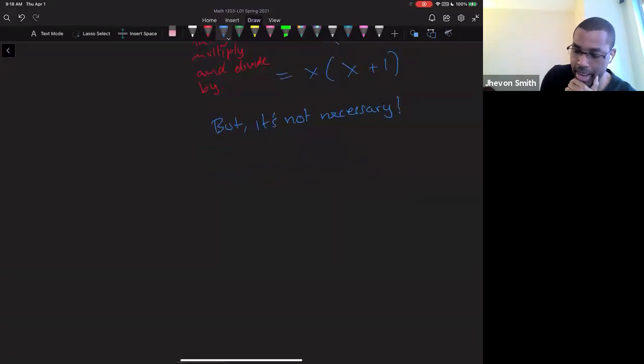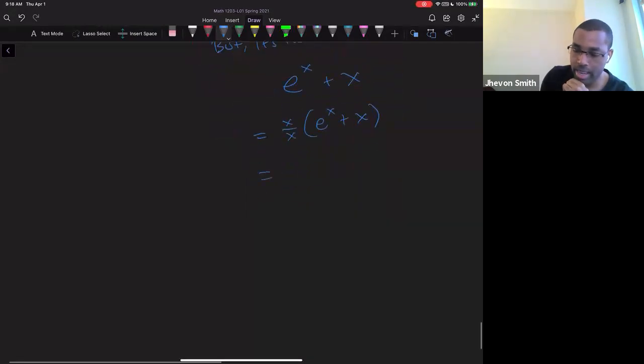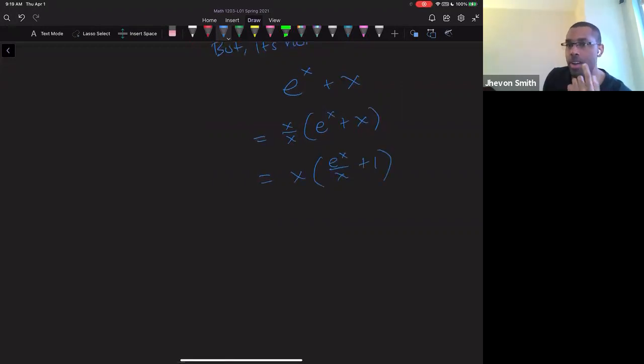So for example, if I had like e to the x plus x, I could still factor out an x if I want, because factoring out an x means multiplying and dividing by x and moving an x inside. Right? So I can still get to a factorization here.